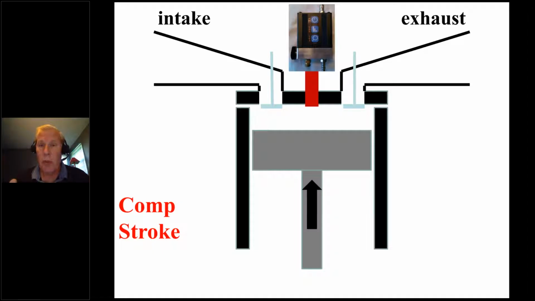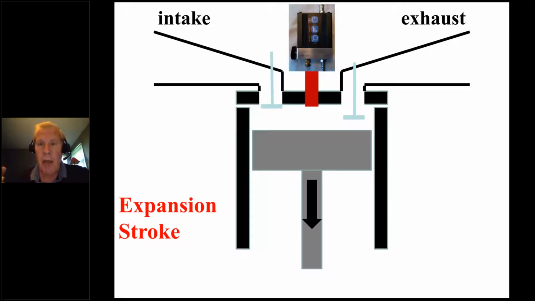However, that is only true when the valves are closed. So right now, as the piston comes up on compression, the valves are closed and the transducer sees what's inside the cylinder. But once we go from compression to expansion, the piston, of course, starts to move down.